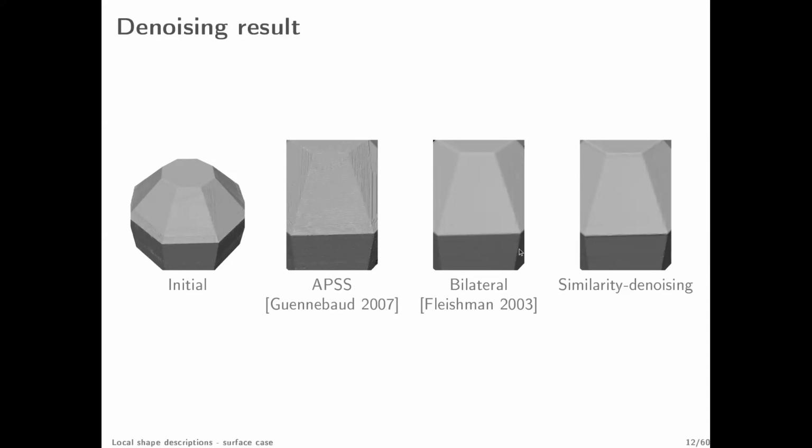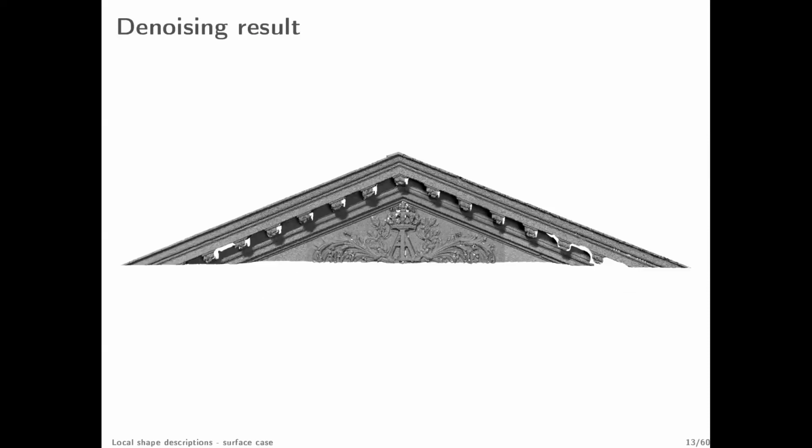And then you have a bilateral filter, which is still widely used, and you see that the angles are not as well preserved as with our similarity denoising. The real strength of this method is to be able to remove the noise while preserving small details. For example, here is more striking. You have a noisy scan, and you can remove the noise while keeping all the important details.